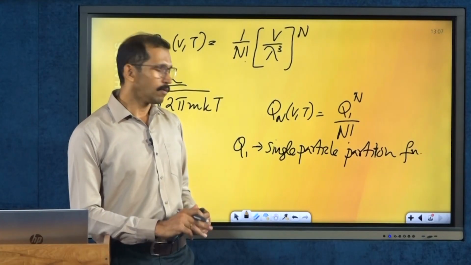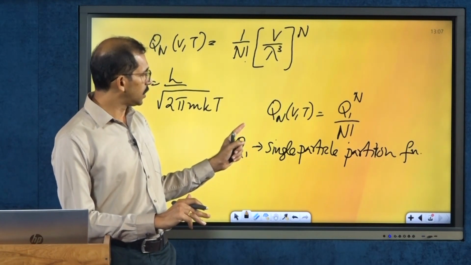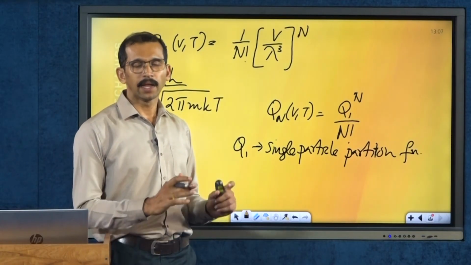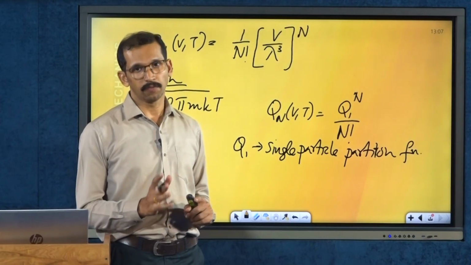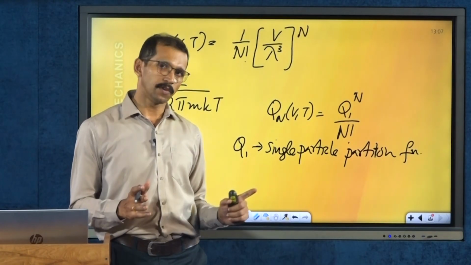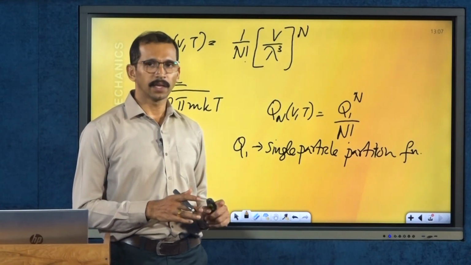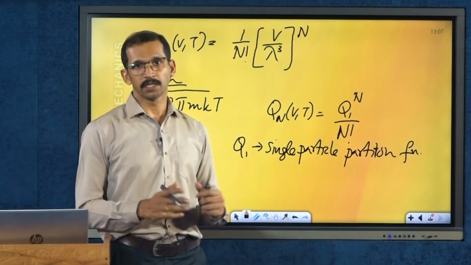So today we saw how a 3D ideal gas system can be analyzed based on the canonical ensemble and how to evaluate its partition function. We evaluated the partition function based on the de Broglie wavelength and the single particle partition function.